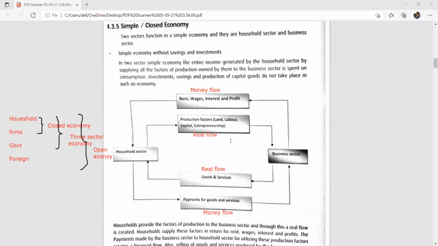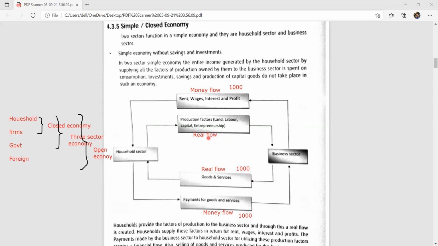So then total production, imagine they produce 1,000 worth goods, then obviously money flow is 1,000. At the same time, they paid 1,000 to buy goods from business sector. Production equal, income equal, expenditure.